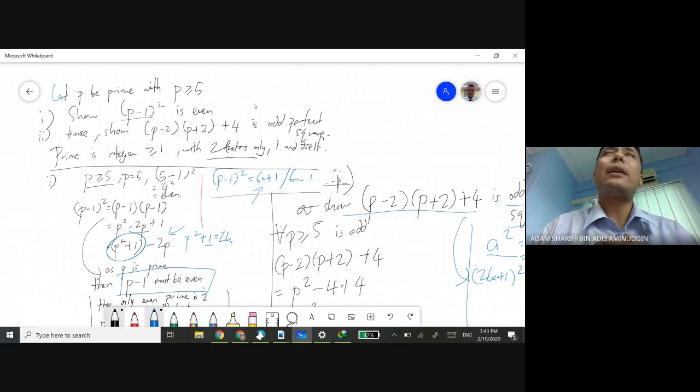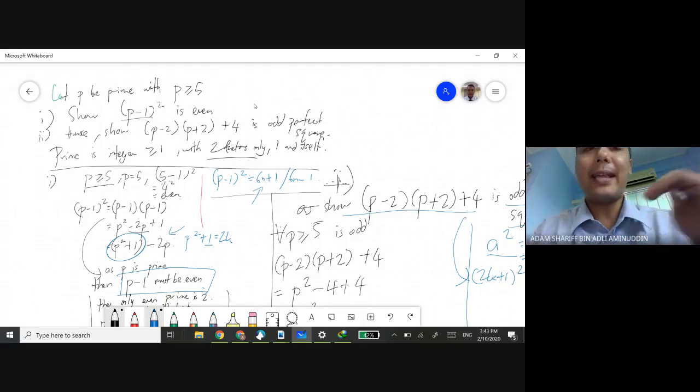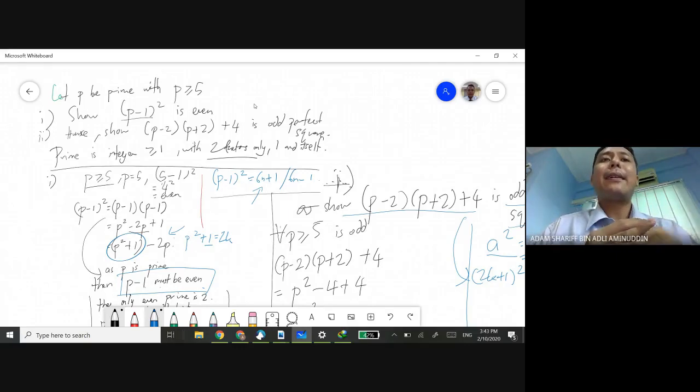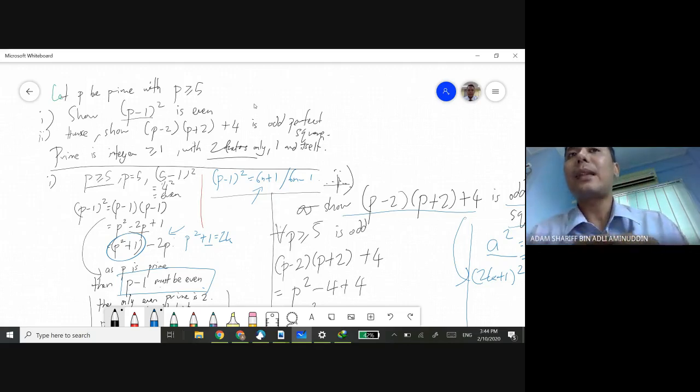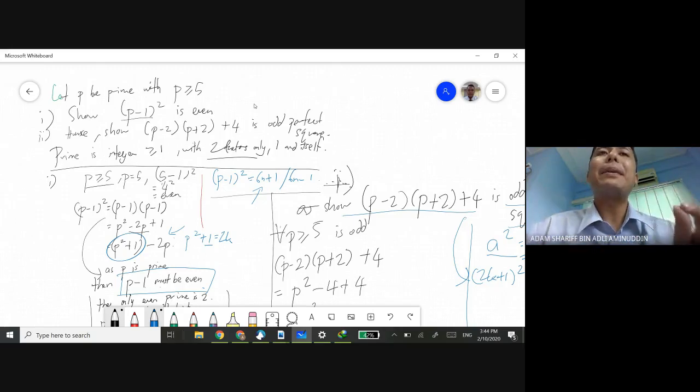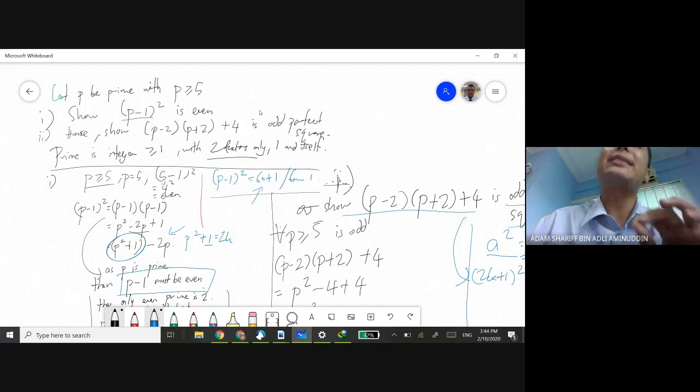So the thing that I clarify here is that P minus 1 will be even, definitely. Therefore, P minus 1 squared will be even, because for all P larger than 5, the P minus 1 must be even. That is the thing that I clarify. The question already defined that P is a prime. Therefore, there is no need for the clarification that P will be prime. The P is already prime.